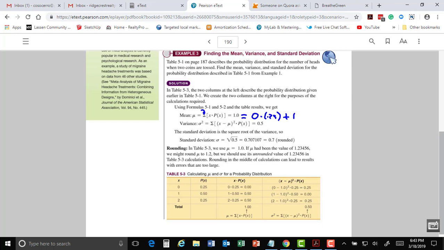And that is 0.5. Now what's the next? We haven't hit 3 yet, right? So we have to keep going. What's the next number? 2. And what's its probability? So over here, 0.5, 0.25. This mu is your expected value.